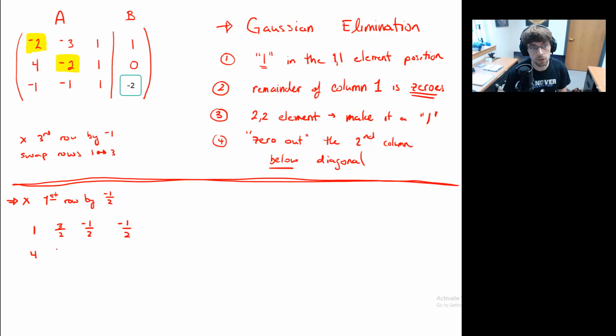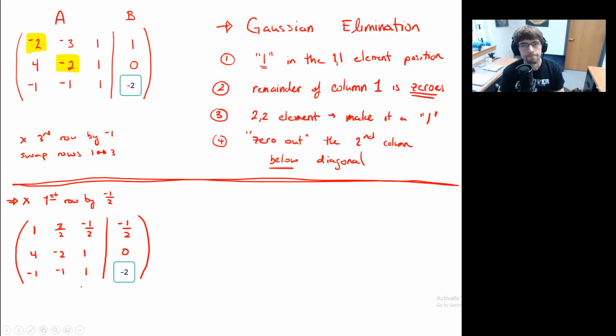So I should rewrite this as 4, -2, 1, 0, and -1, -1, 1, and 2. So step 1 in my Gaussian elimination procedure has been taken care of. I now have a value of 1 in the 1,1 element right here.